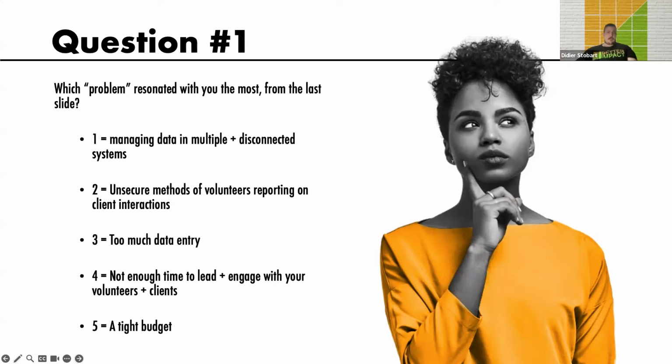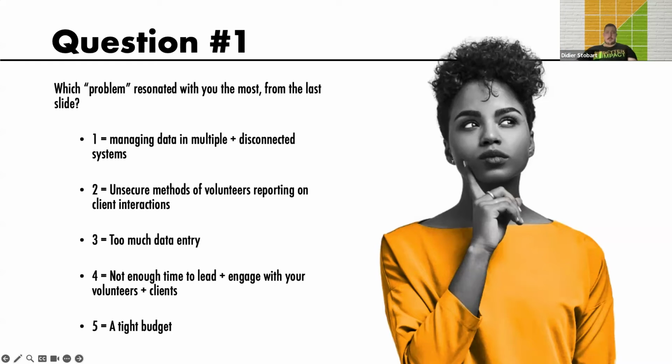So thanks for answering those questions. As you can see, quite a range of issues at the moment with relevant problems in the organization. A few of you had common issues as well. Number 1 and 4 were the most common: multiple disconnected systems and not enough time to lead.